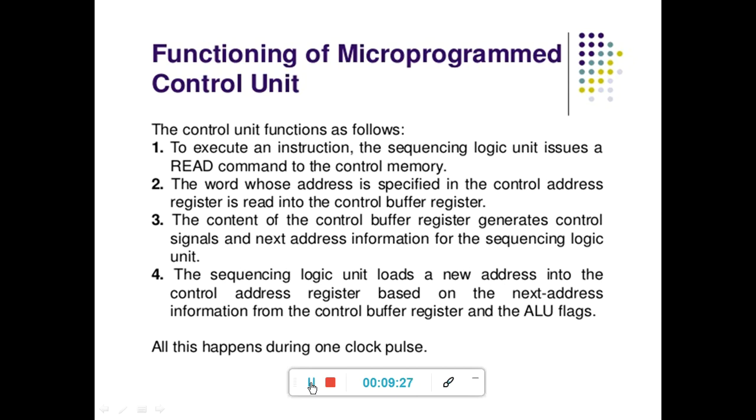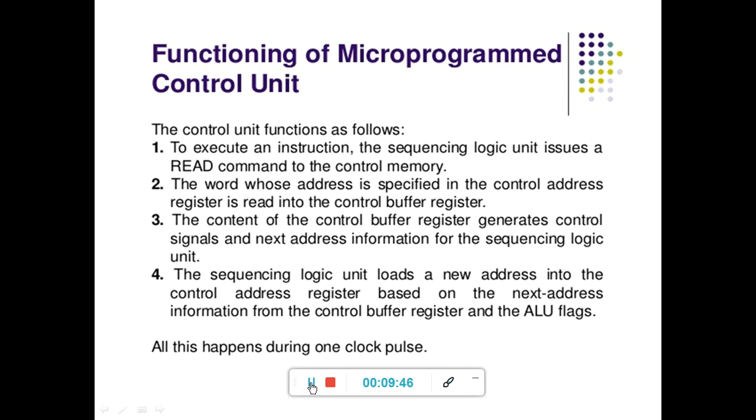This diagram shows different paths from which CAR, the control address register, receives the address of the next instruction. This is the major function of the microprogram control unit.